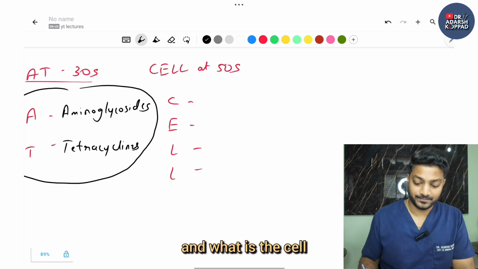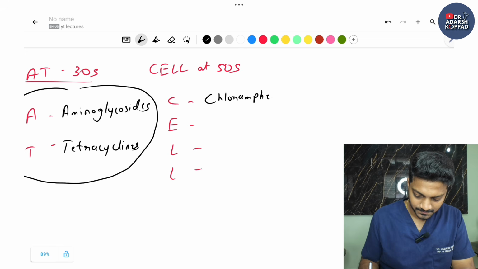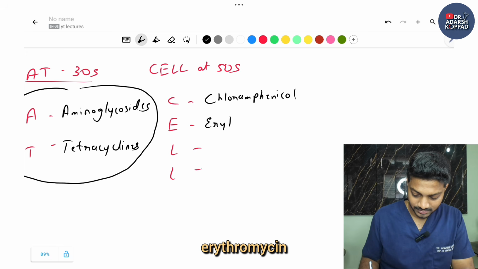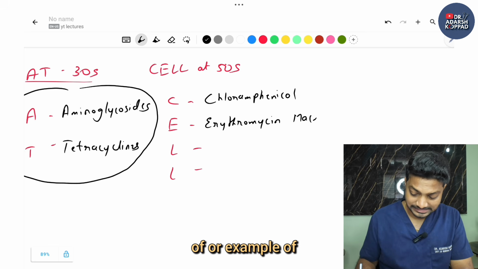And what is the sell? C is for chloramphenicol, E is for erythromycin, which is a class, or example, of macrolides.